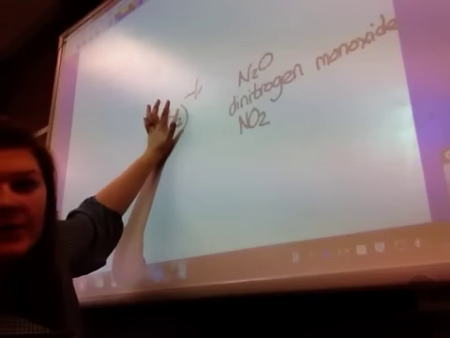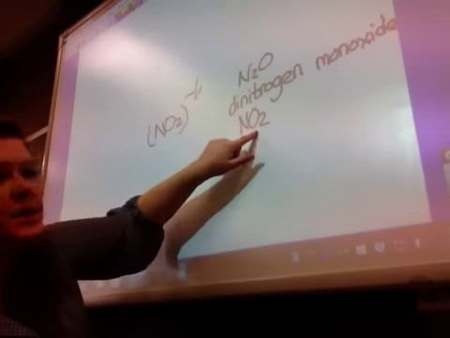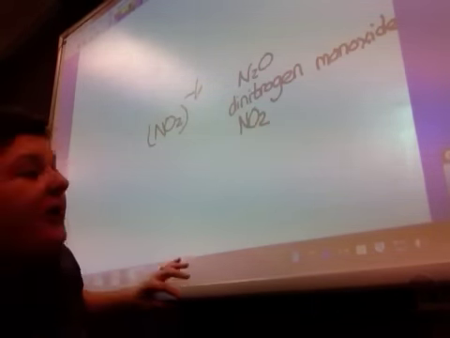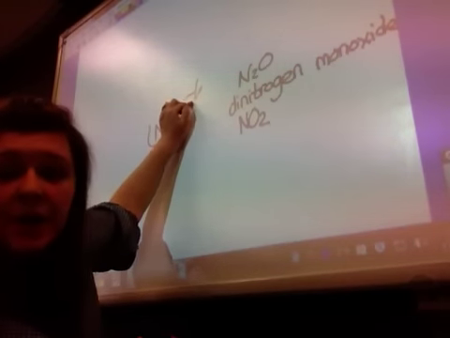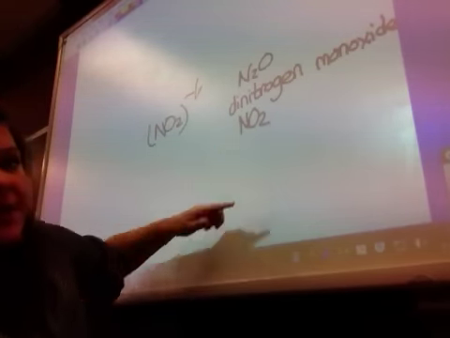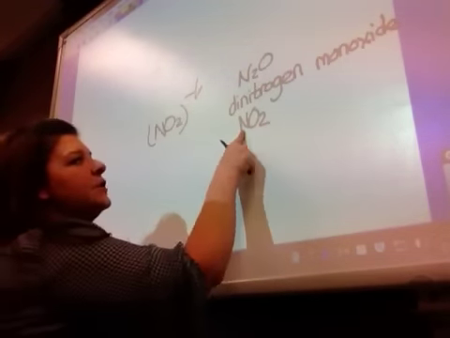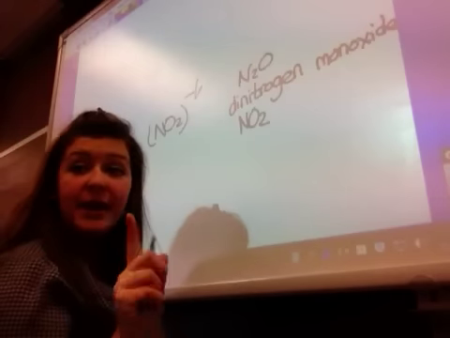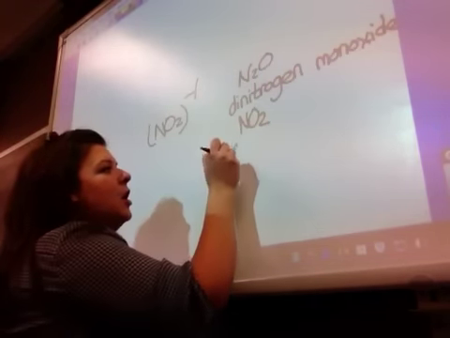So don't get confused by looking at nitrite and then this NO2. The difference is the charge. So if I see NO2 with a -1 charge, that's that polyatomic ion nitrite. If I see no charge here, which you don't, then that's a molecular compound that we're going to name right now. So first element is nitrogen. I just have 1 of them, so I don't need to use a prefix for that. So I'm just going to call it nitrogen.